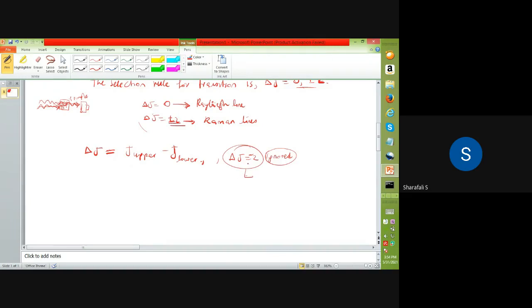Why does this have to be ignored? Because we always need the upper state to have the higher quantum number.